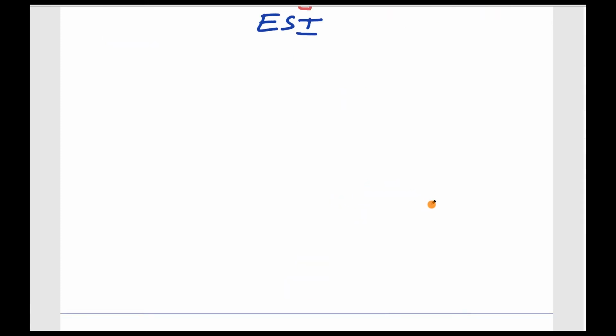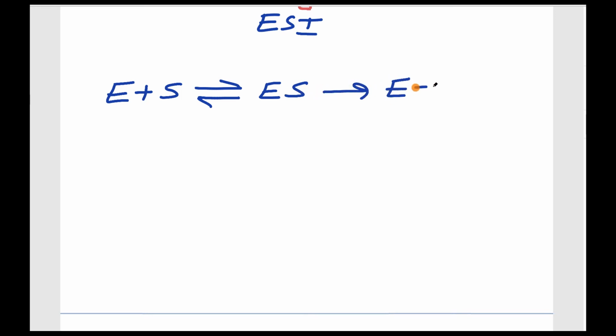I will represent in another way the relation between enzyme and substrate, enzyme and inhibitor. Here it is enzyme and substrate, which leads to formation of the enzyme substrate complex, then to enzyme plus product formation. The rate constant of the forward reaction is K1, the reverse reaction is K minus 1, and here it is K2.